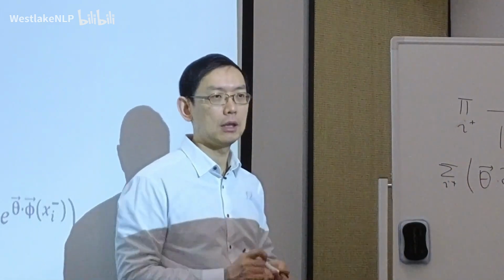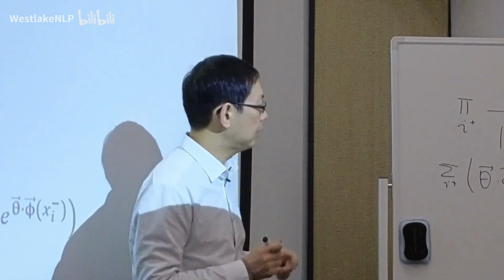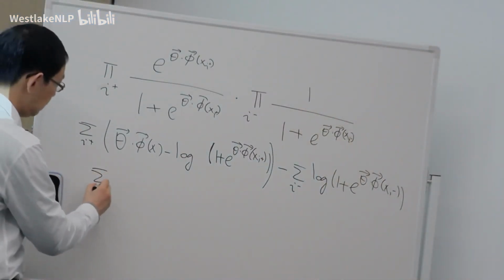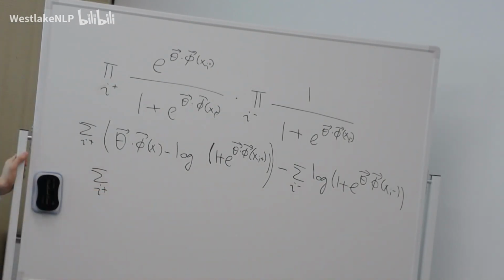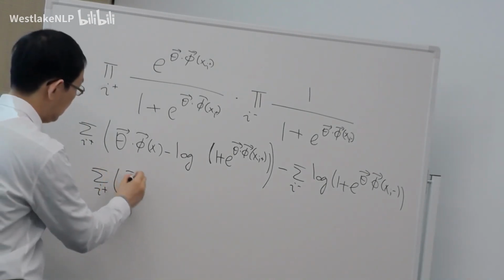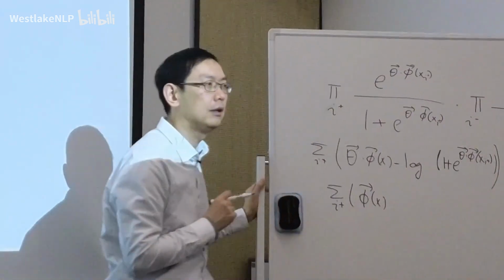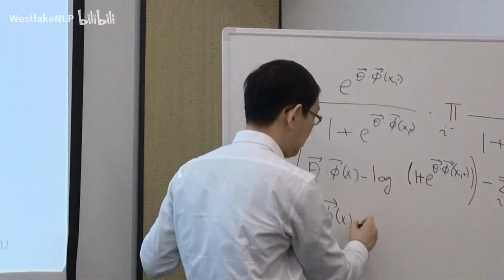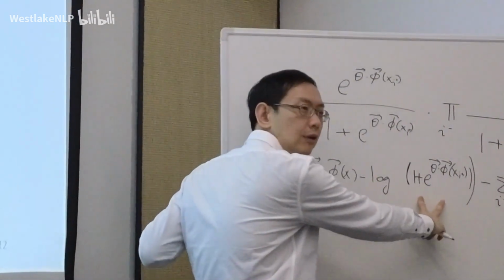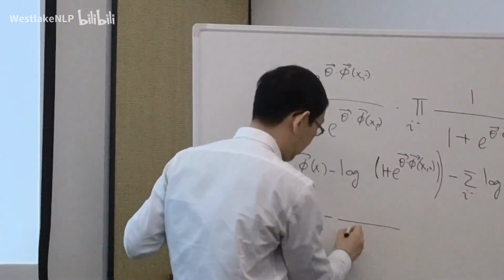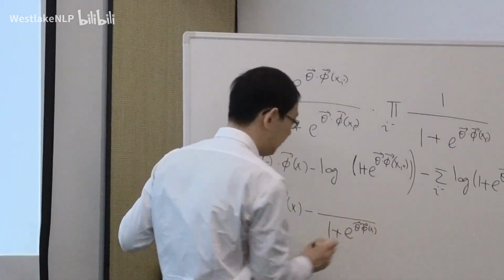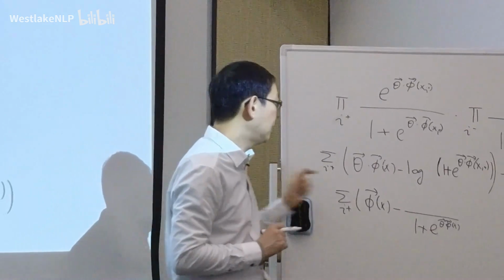So we could do that together. When we take the derivative with respect to theta, for the sum over all positive data instances, this part becomes phi(x). For this part, when we take the derivative, it becomes minus the log of something. By the chain rule, it's 1 over this thing, 1 plus e to the power of theta phi x, and then what's inside.